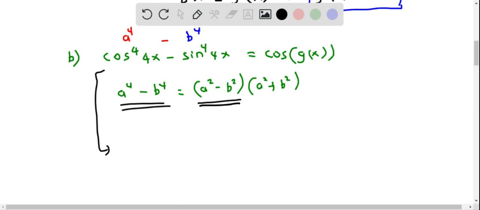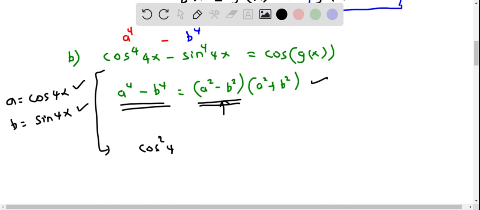Here we see that a equals cosine 4x, and b equals sine 4x. So when we use this identity, we have to first write a squared minus b squared, which is cosine squared 4x minus sine squared 4x.